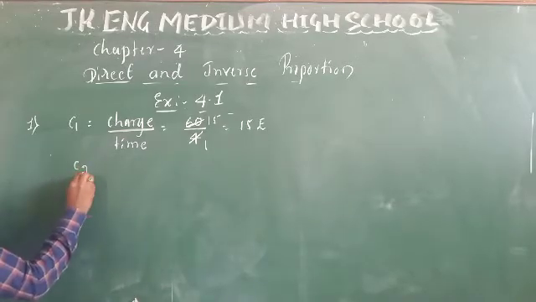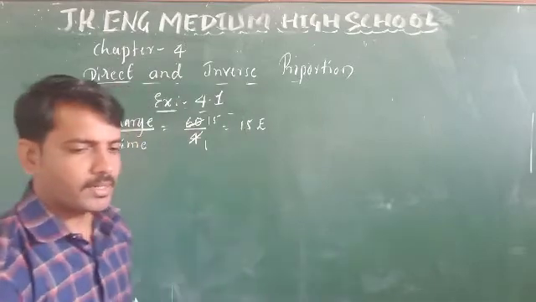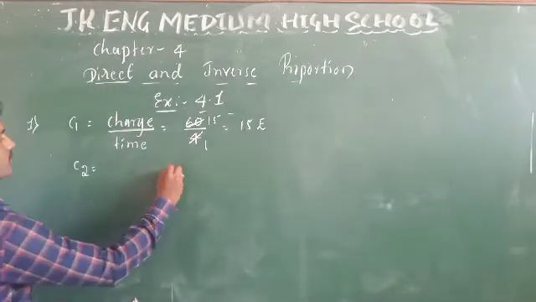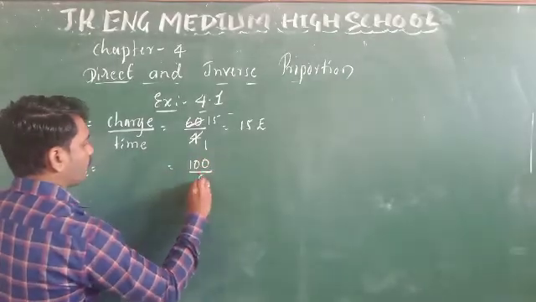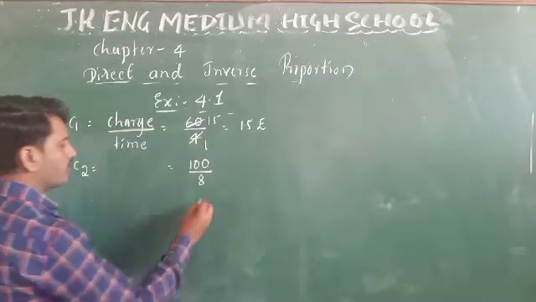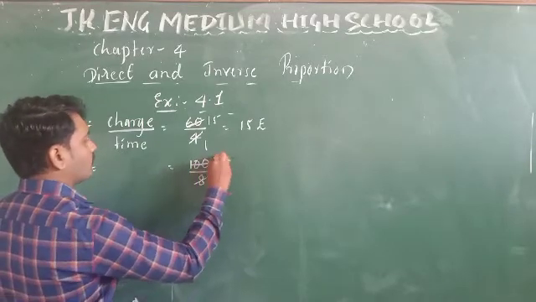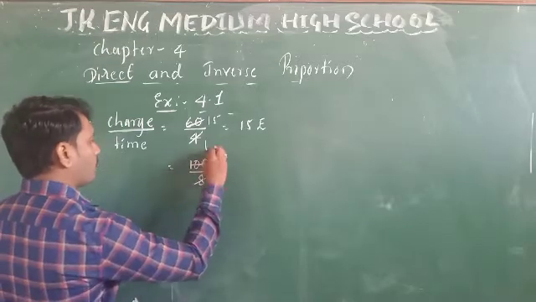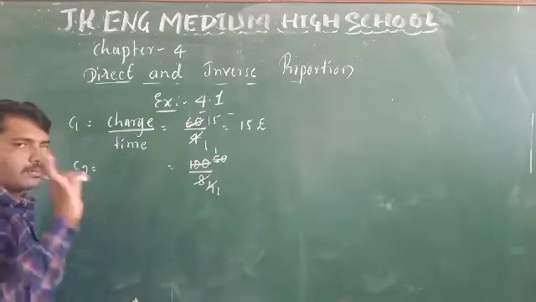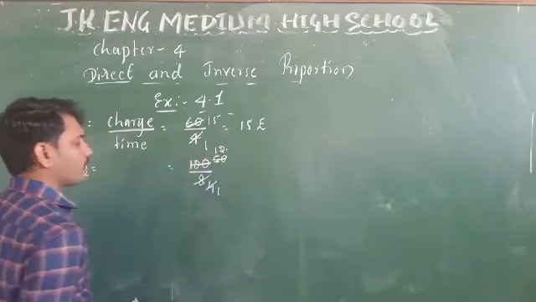Next, C2. C2 is how much? 100 divided by 8. Same. Charge divided by time will become 100 rupees for 8 hours. What do we do? 4 2s are 8.